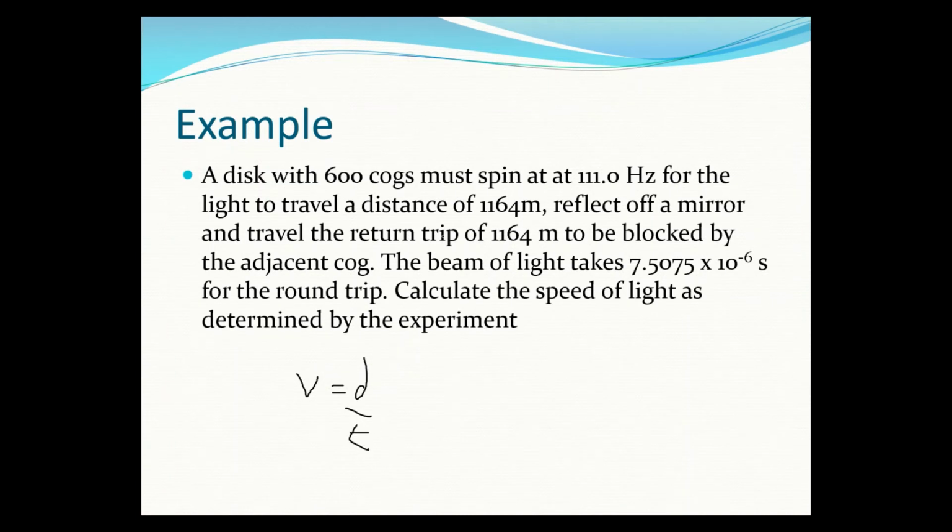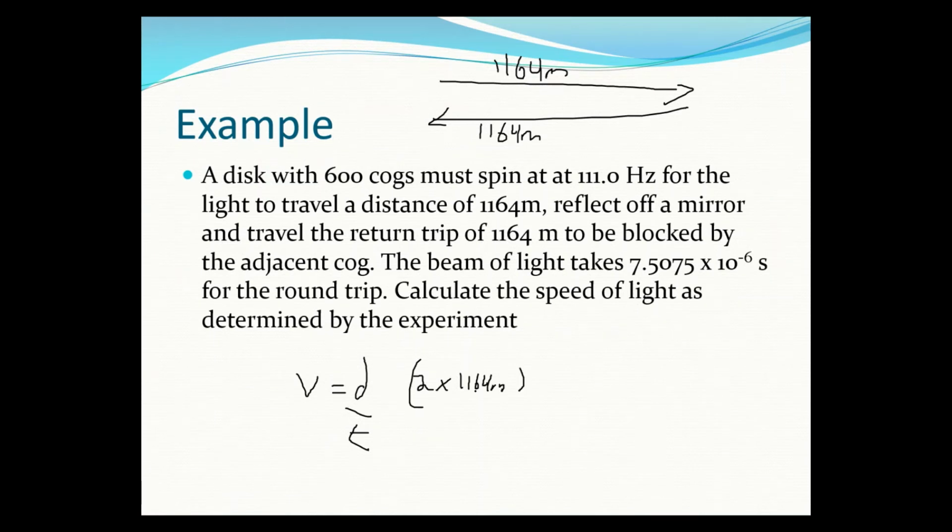So it's got to go the 1164 meters, and then it's got to come back in its experiment. So my distance is going to be 2 times 1164 meters. And they give us the time here, 7.5075 times 10 to the negative 6 seconds.